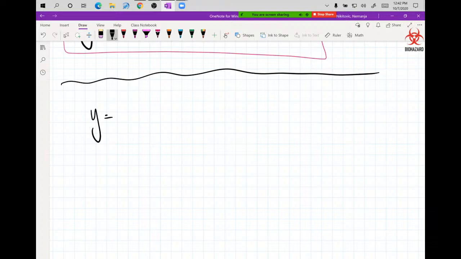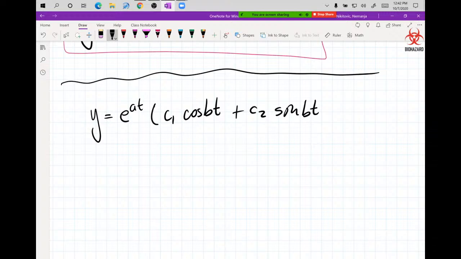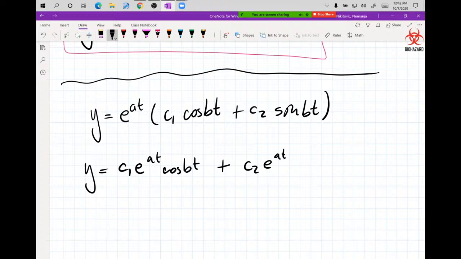Your solution is now e to the at, c1 cosine bt plus c2 sine bt. What does that solution look like when you break it down into two separate solutions? It looks like c1 e to the at cosine bt plus c2 e to the at sine bt.